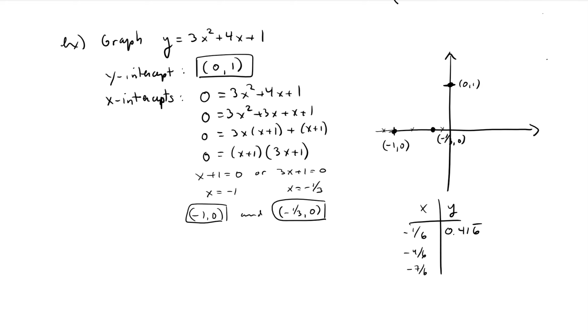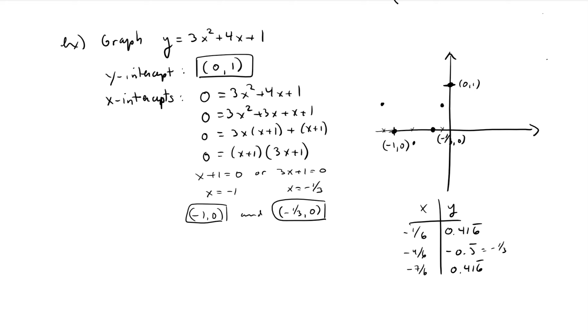And you're going to get 0.416 repeated, minus 0.3 repeated, so that's minus 1/3, by the way, and 0.416 repeated. So roughly here at minus 4/6, we are at minus 1/3, and we're back up at 0.416 repeated afterwards.